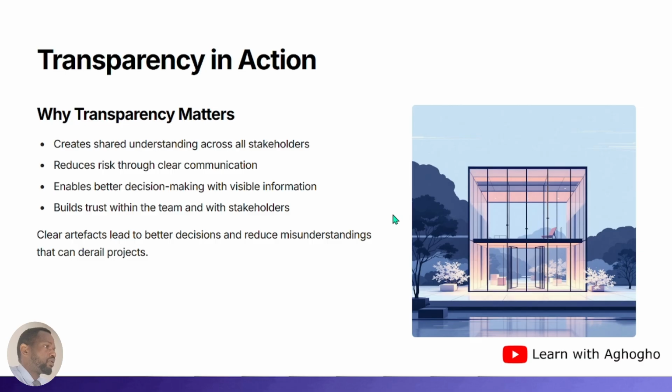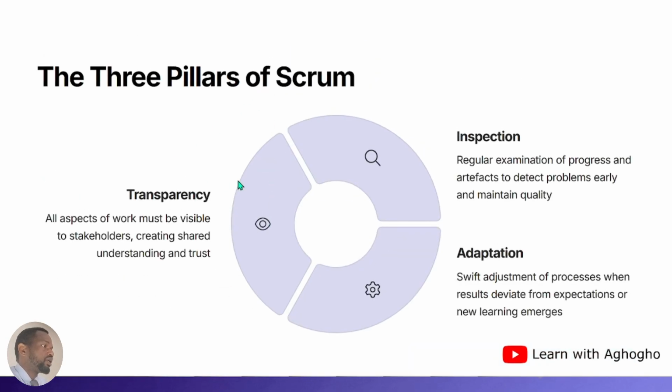Transparency in action. Why transparency matters in an agile project. When you are applying the Scrum way of doing things in projects, as previously highlighted, transparency is key. It's one of the three pillars of Scrum.